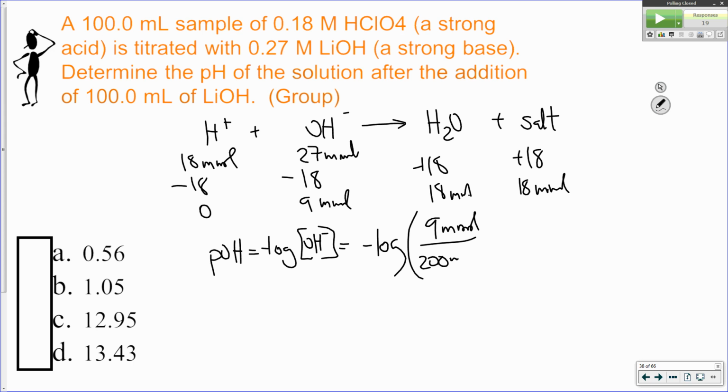So it's 200 milliliters total. So 9 divided by 200 is 0.045. Negative log gives us a POH of 1.35. And subtract from 14, and you get a pH of exactly 12.65. Okay, I had a typo in my problem, obviously.